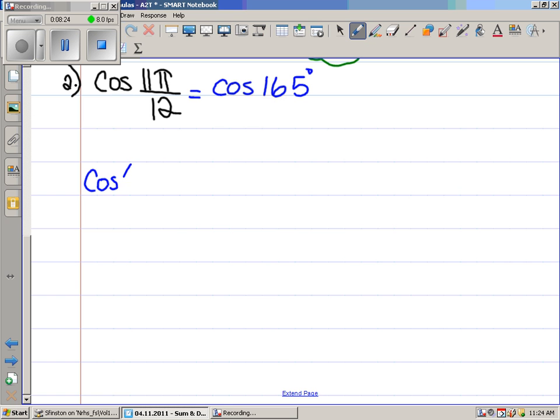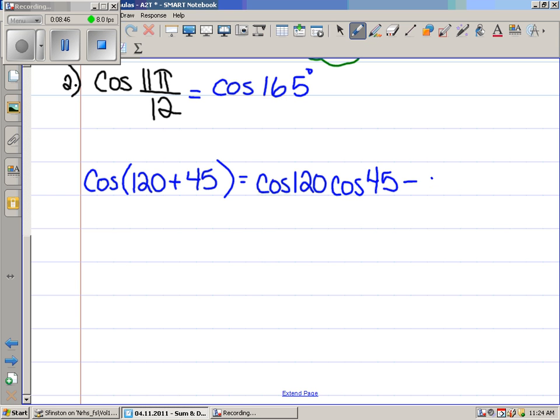The cosine of 120 plus 45. So that's cos 120 cos 45 minus sine 120 sine 45. What do we do?